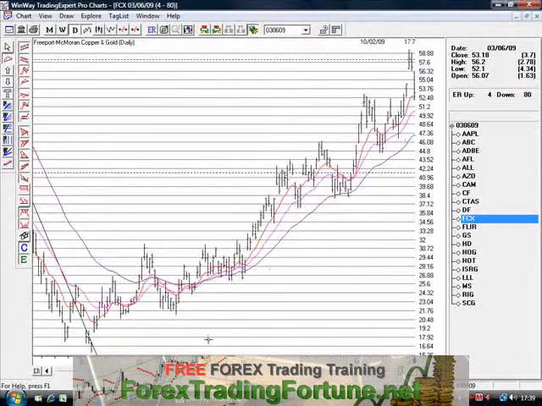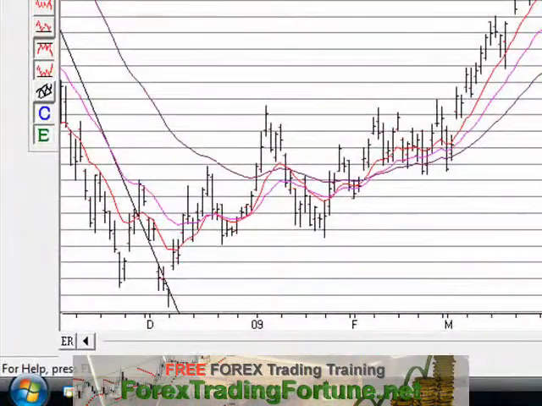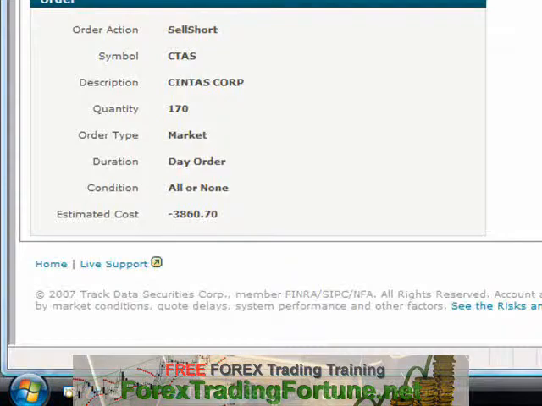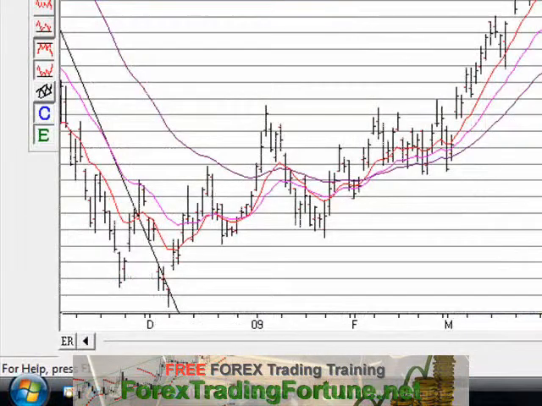So let's go to our trading software. First of all, let's look at the price. It's about 53. Again, let's do the same kind of amount. So $4,000 divided by 53 gives us 75. Okay, fine. Let's do 75. So we're going to buy these straight away. Let's remind ourselves of the ticker.